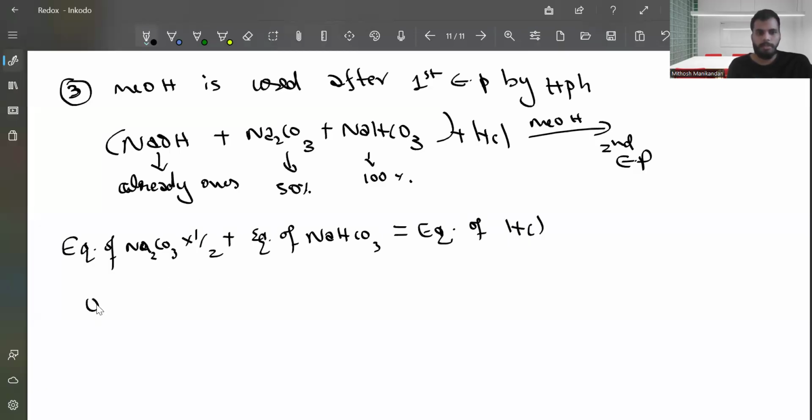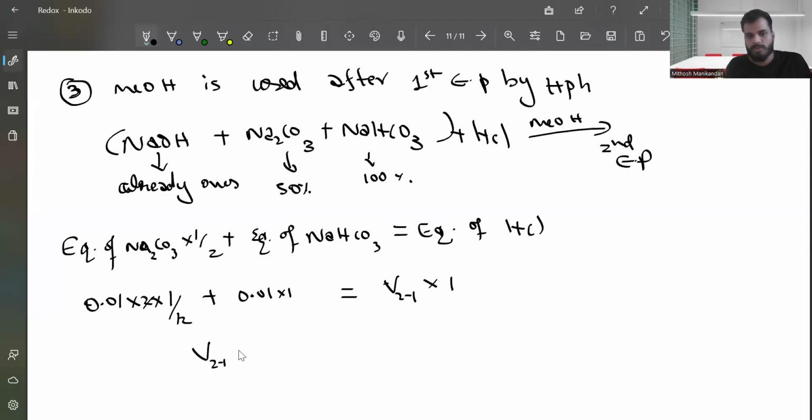So this will be 0.01 multiplied by 2 divided by 2, plus 0.01, and this will be equal to V, can I write, V2 minus V1 basically, the volume between V2 and V1, multiplied by 1. So you'll get it as 20 milliliter again. As I said, logically you would have found it as 40 minus 20, and by this calculation also you can do it.